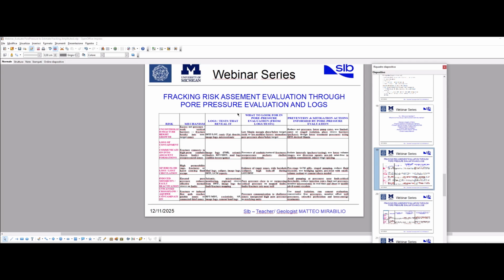Another risk is severe fluid loss circulation, induced seismic fault reactivation. You can have also this kind of risk, fault reactivation. Another risk is unwanted cross-flow aquifer contamination.